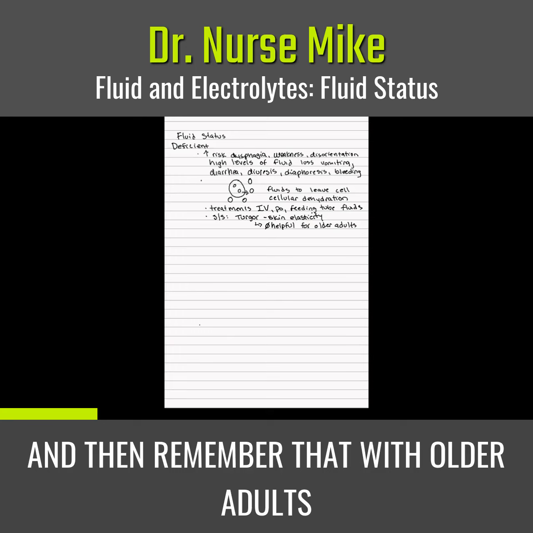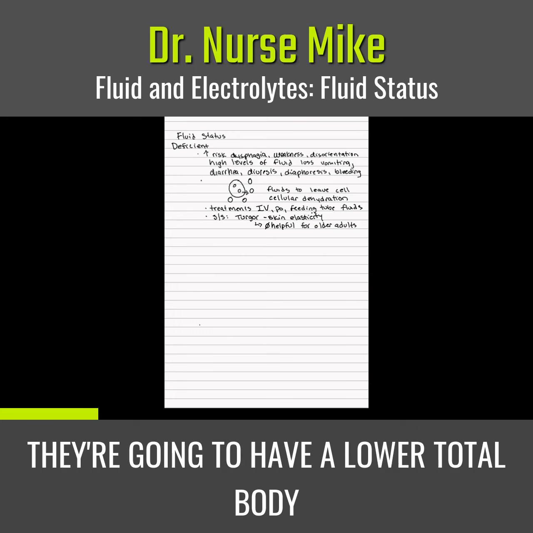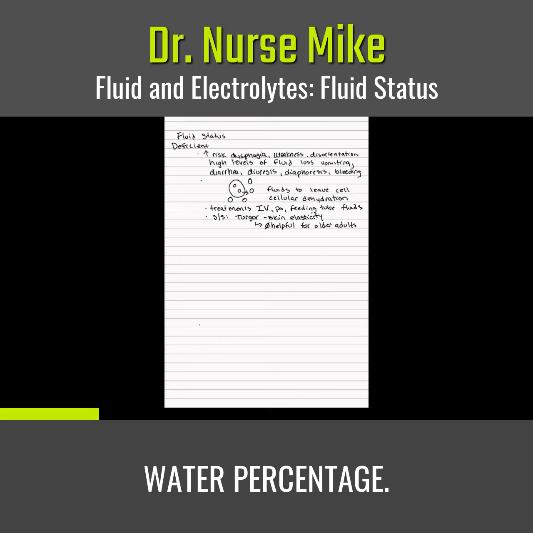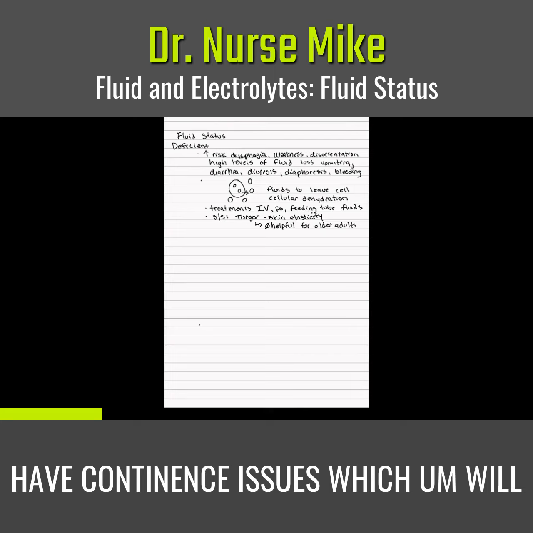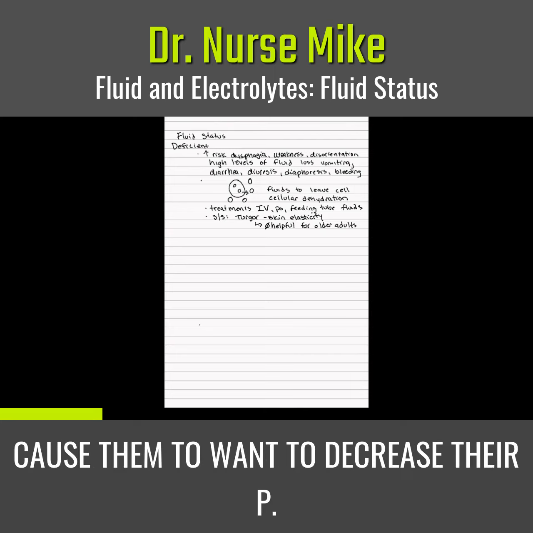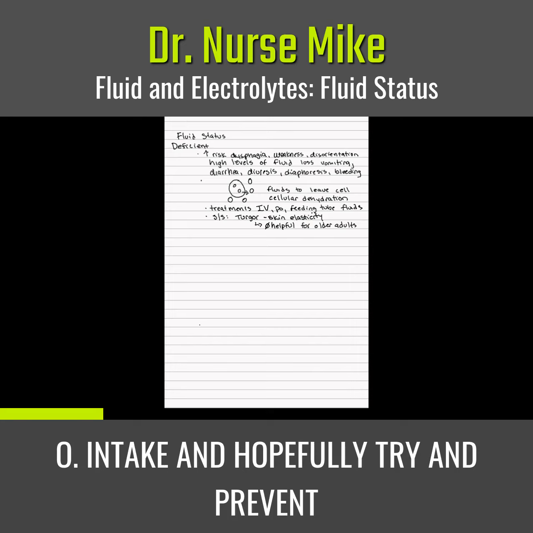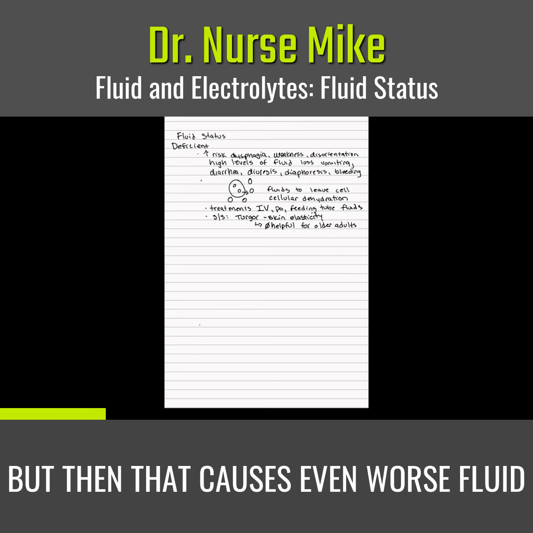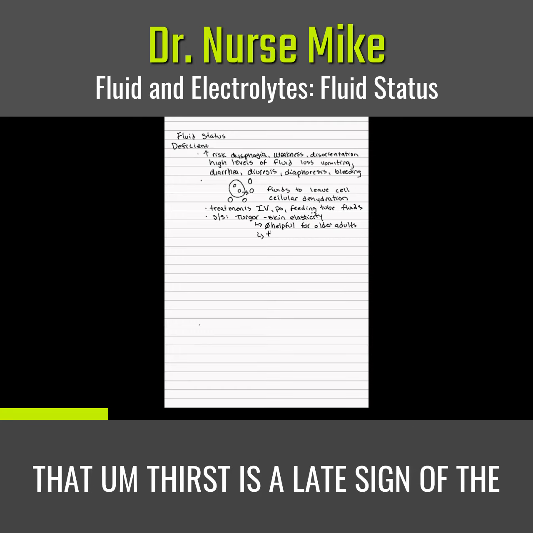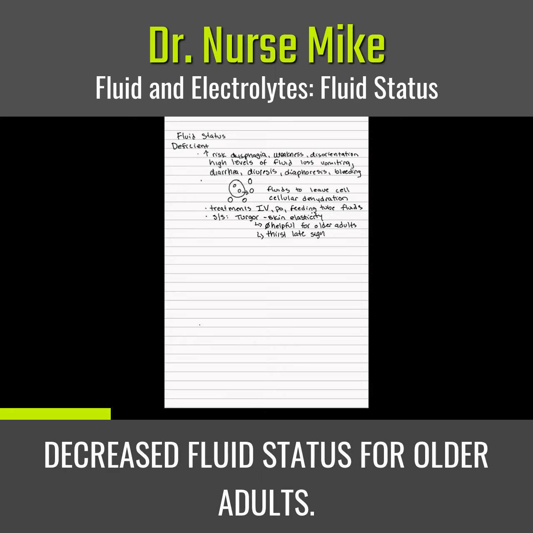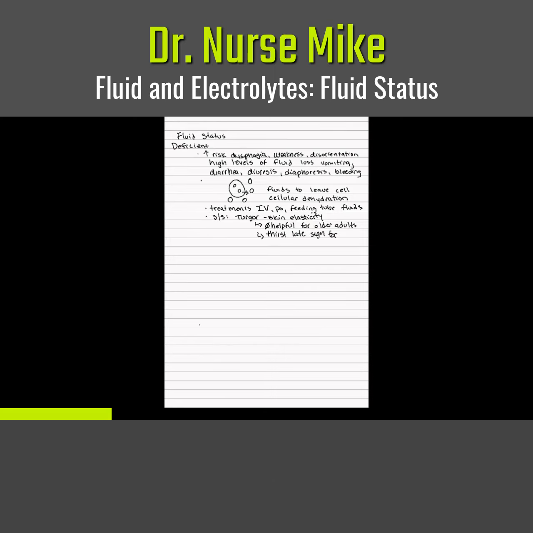And then remember that older adults are going to have a lower total body water percentage, and it is possible that they will have continence issues, which will cause them to want to decrease their PO intake and hopefully prevent that incontinence, but that causes even worse fluid status for the patient. And in this older adult, you can remember that thirst is a late sign of a decreased fluid status.